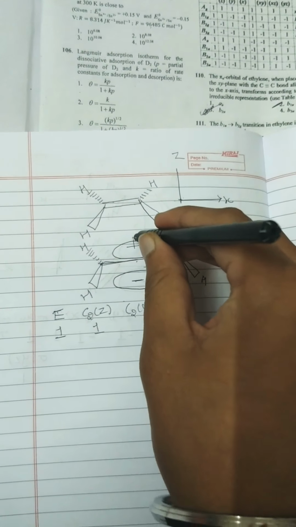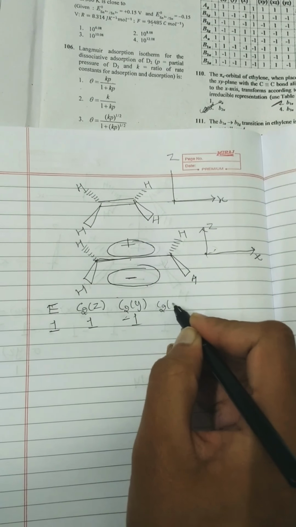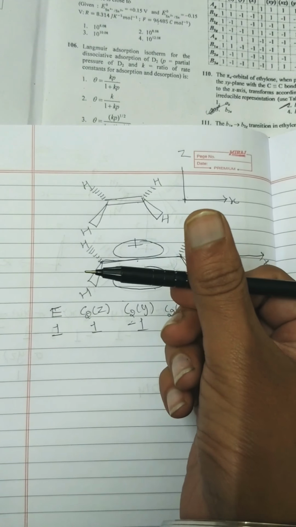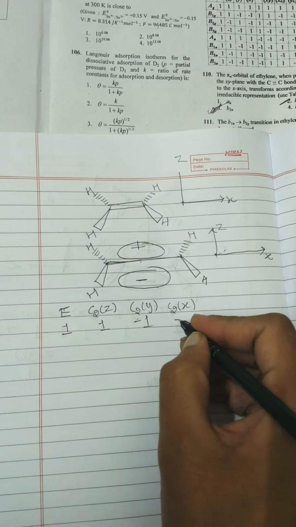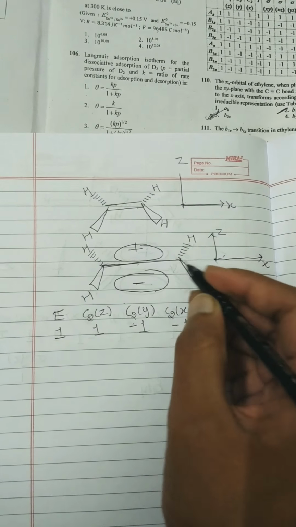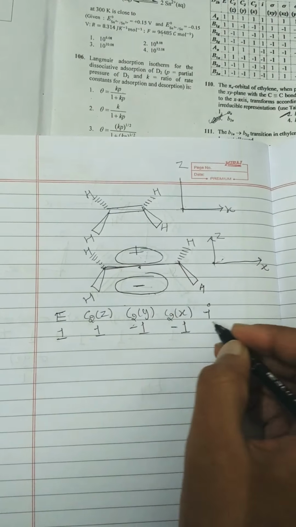The plus lobe will come here, the minus lobe will go there, so that will be minus 1. For C2(x), along this direction, if you rotate it, the minus sign will go here and the plus sign will come here, so it will be minus 1. For inversion, again the plus sign will come here and the minus sign will go there, so again minus 1.